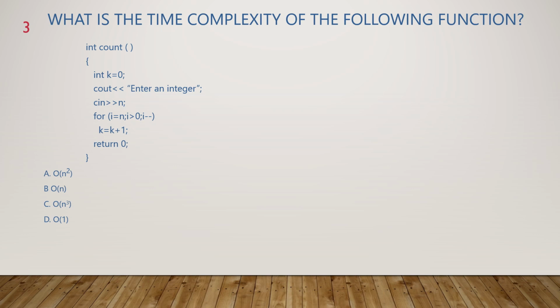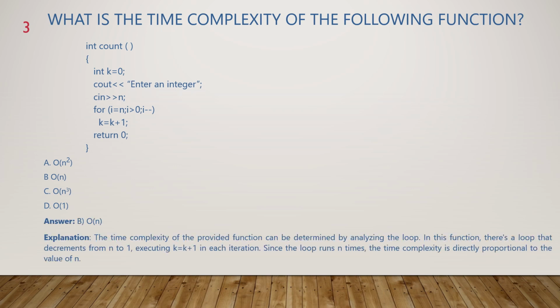Option A, big O of n squared, option B, big O of n, option C, big O of n cubed, option D, big O of n. The correct answer is B. It's a linear function.